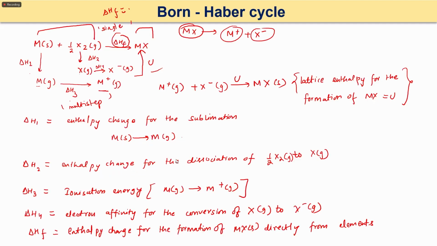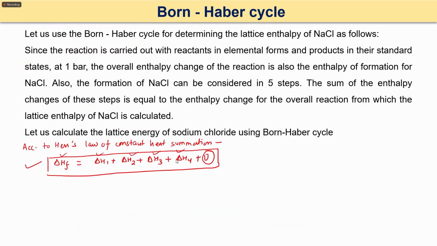So now we have studied for MX. Let us now study how to calculate the lattice enthalpy of sodium chloride using the Born-Haber cycle. So let us use this Born-Haber cycle to determine the lattice enthalpy of sodium chloride.